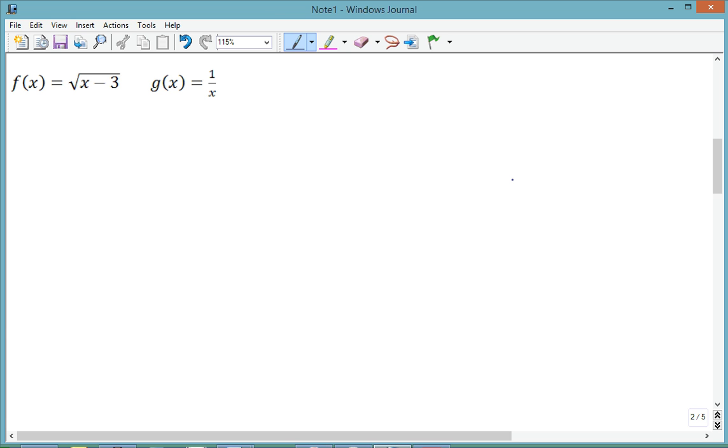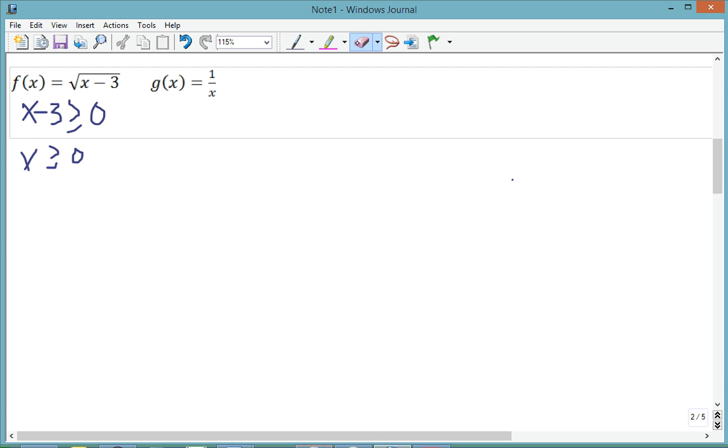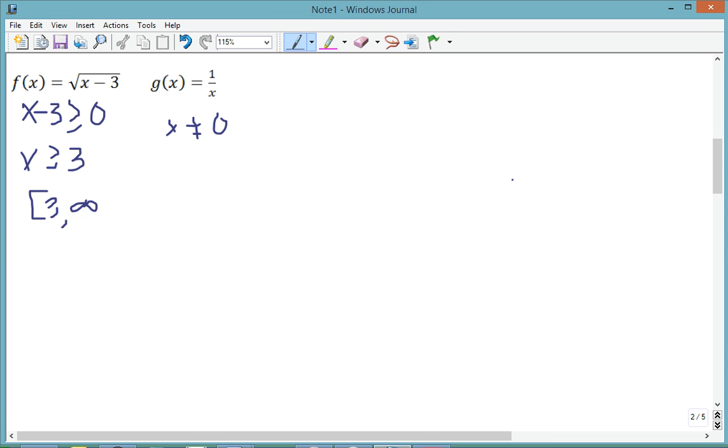The domain of the first one: we would want x minus 3 to be greater than or equal to 0, so x is greater than or equal to 3, sorry. So we would write that from 3 to infinity. And the domain of this one would be that x is not 0.